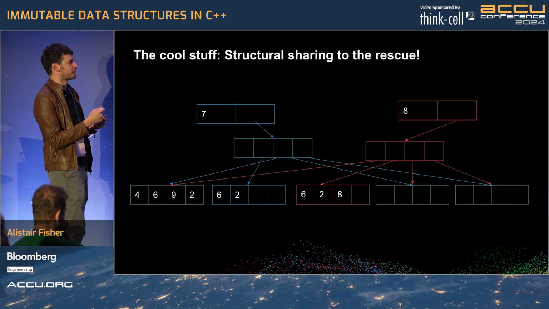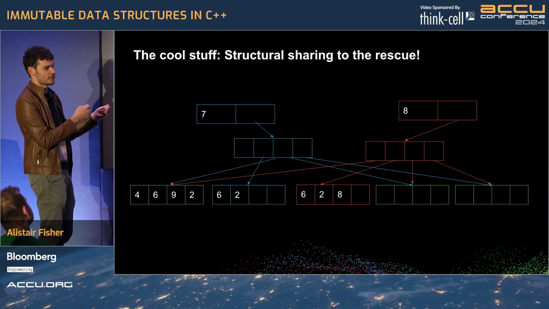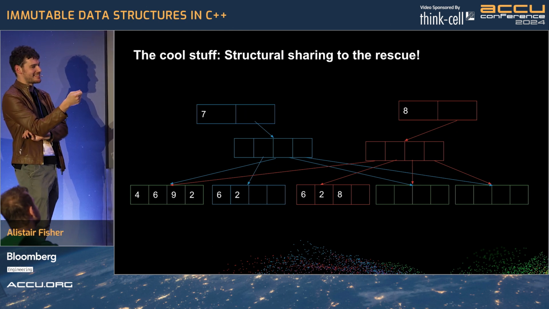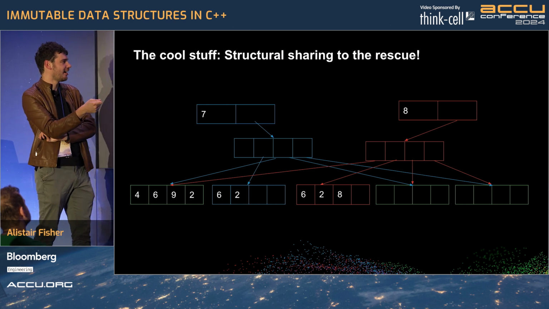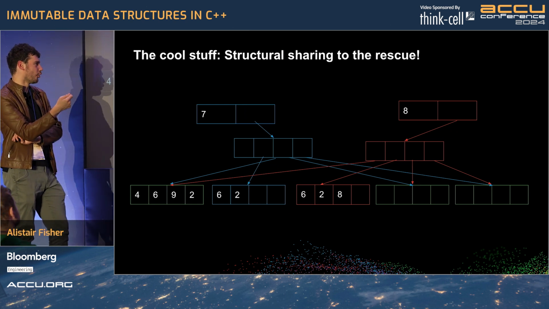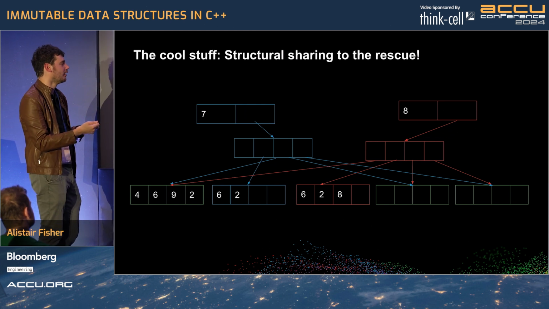So I'm getting some optimization here, and I'm just sharing things between my old vector and my new vector. For a small vector, this is still very expensive because you have copied an awful lot of things. When you have thousands of things in the vector, and you're copying on the order of 4 or 5 arrays of size 4, it's much better.